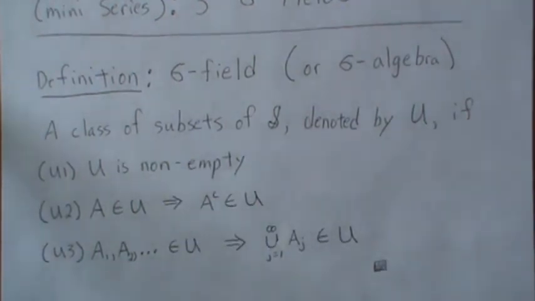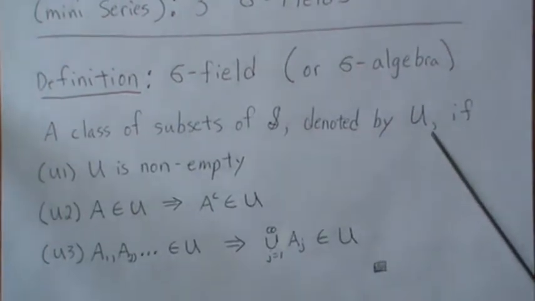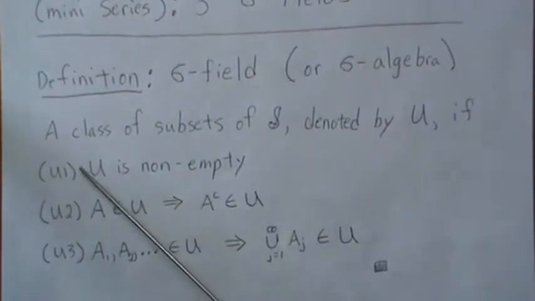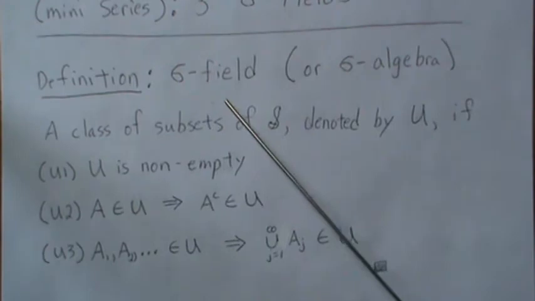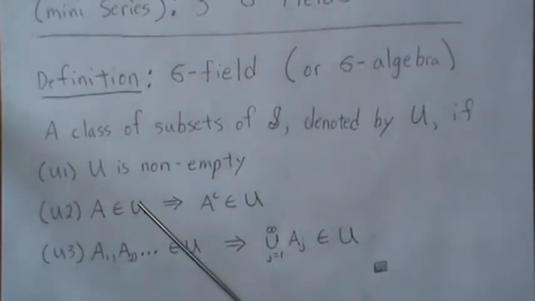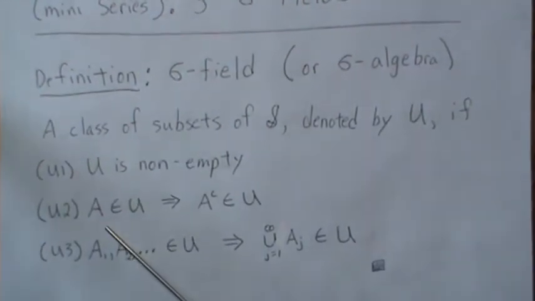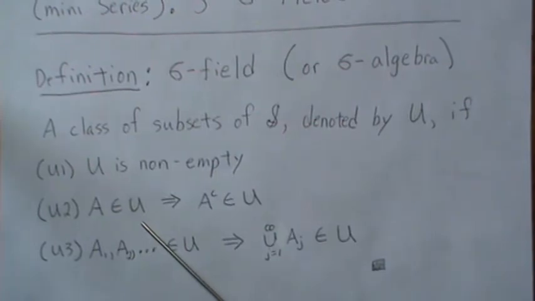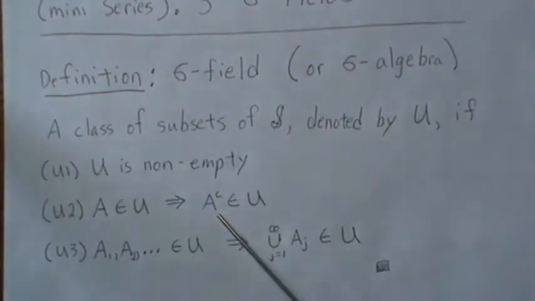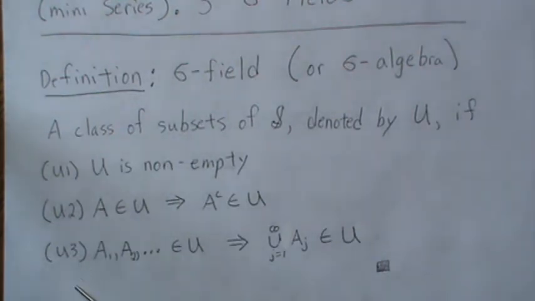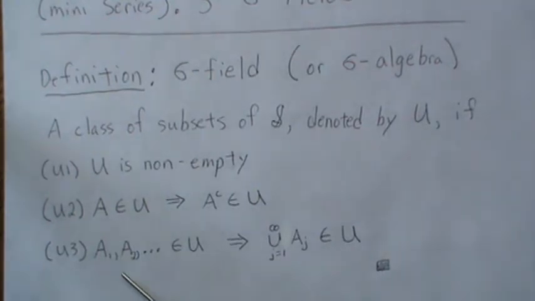So here we have a class of subsets denoted by U. Now these three properties have to hold for it to be a sigma field. U is non-empty. If a set is in U, then its complement has to be in U. Now this third criterion for a field was that if A1 and A2 were in the field, then their union or their intersection also has to be in the field.